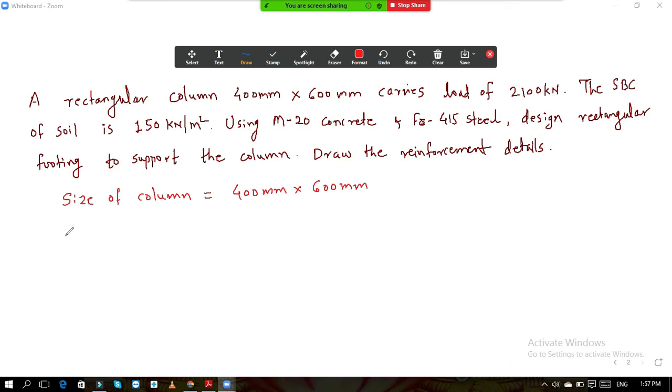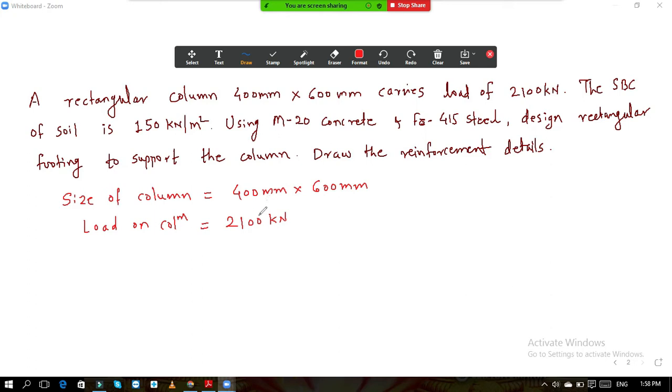I will not write down the given data again, as it is given in the problem in very simple language. So here I will write down load on column. What is the load? It is 2100 kilonewton. This is the load. Okay.